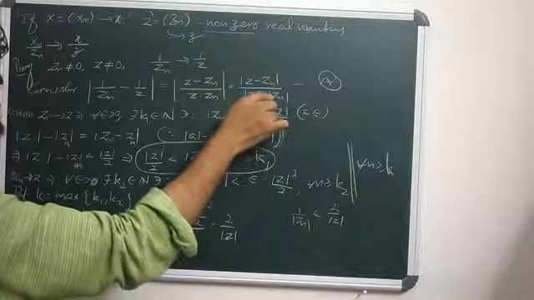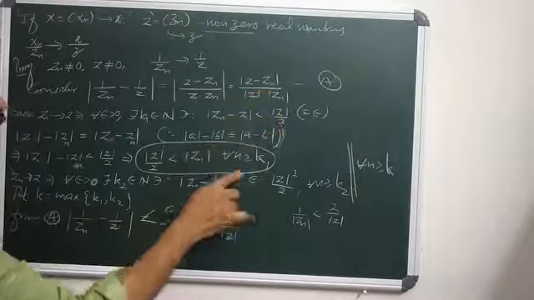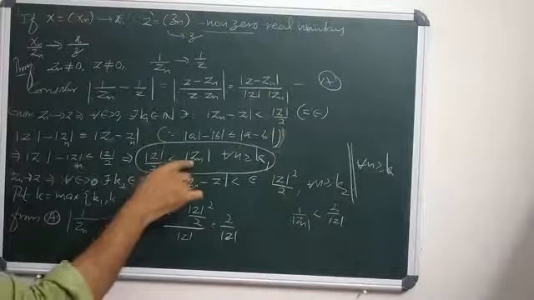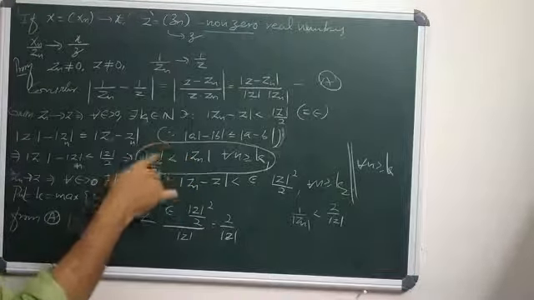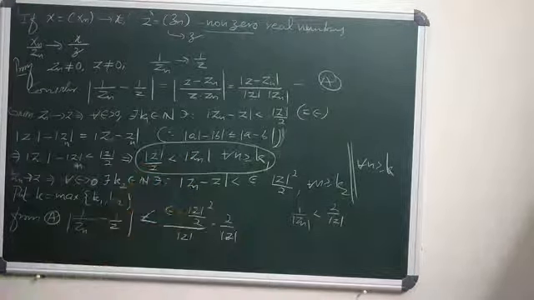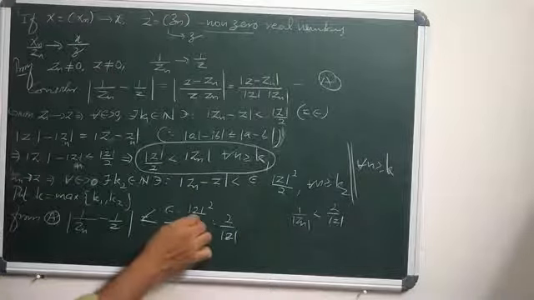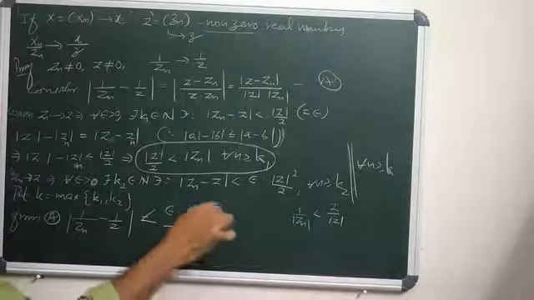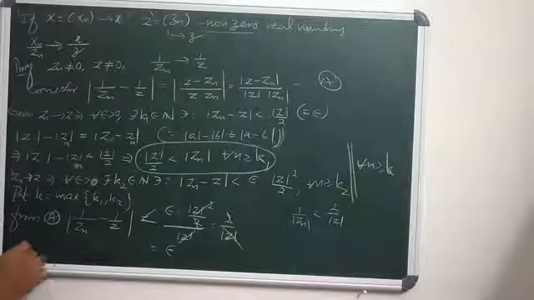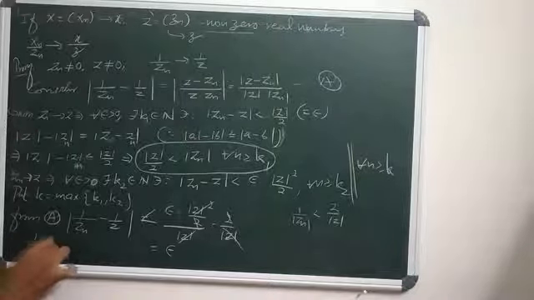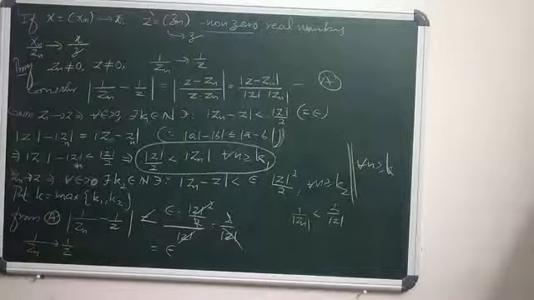There is a mod zn also on the denominator, but here we have mod z by 2 less than mod zn, a reverse inequality, which means 1 by mod zn is less than 2 by mod z. Taking the reciprocal, the 2 and 2 cancel and the mod z square cancels, giving epsilon. So 1 by zn converges to 1 by z.